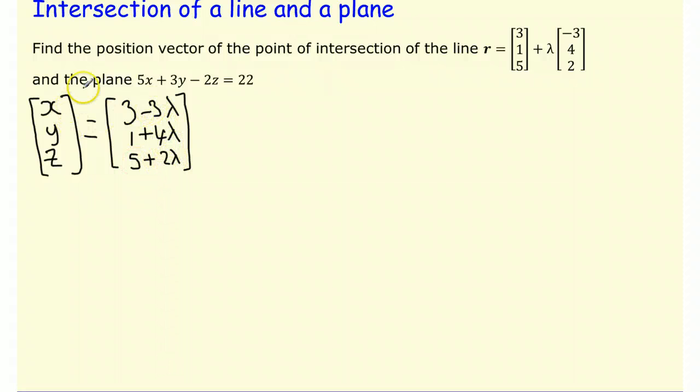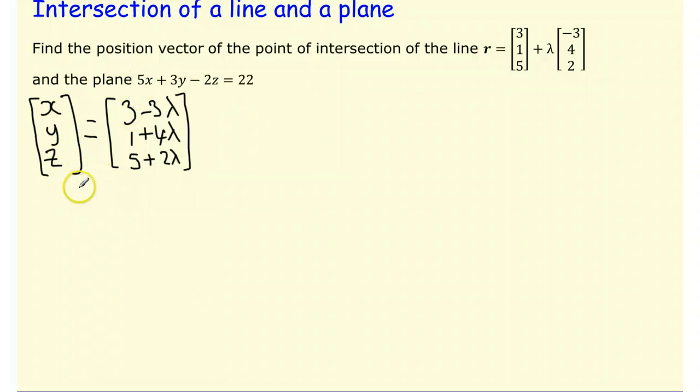Okay, so because I know that from my Cartesian equation that 5 times my x coordinate plus 3 times my y coordinate take away 2 times my z coordinate on this plane is always going to be equal to 22, and I've got my x, y and z in terms of lambda, I should be able to substitute this into here to work out which specific value of lambda is going to make this the same as this.